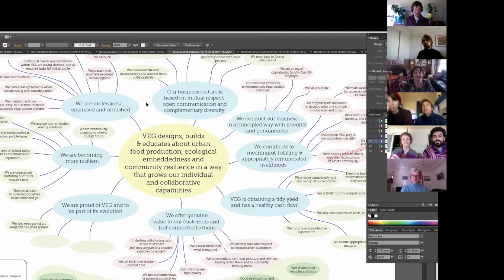So we got that in there, and that's evolved over time to the fact that we love that a core part of Veg's purpose is to grow our capabilities individually and collaboratively. It's not a byproduct or a side effect. It's a core part of Veg's purpose to grow and develop and evolve us as individuals and as a group as we do this other bit.